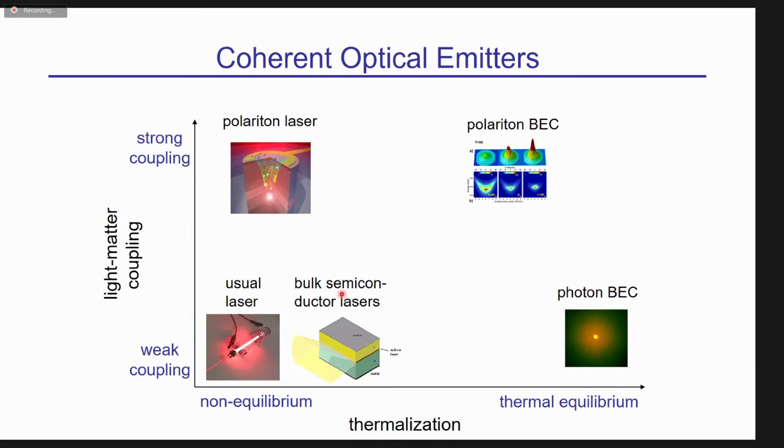What is interesting is that on this scale, old bulk semiconductor lasers are a little bit more to the right than usual lasers. They're not thermalized, of course, but to understand their spectra, one had to understand a thermodynamic relation between absorption and emission, the so-called Kennard-Stepanov relation.